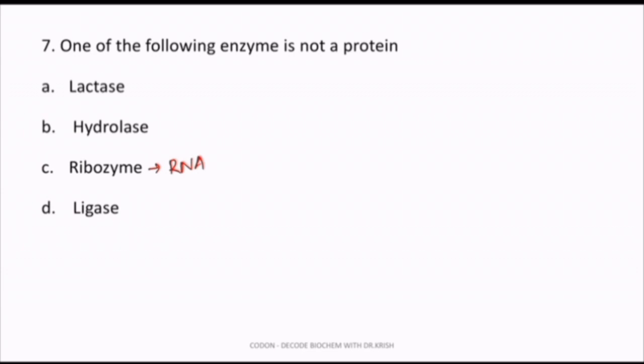And examples of ribozymes are 28S RNA, which is nothing but peptidyl transferase in translation, and snRNA, which is seen in RNA splicing, and ribonuclease P. Ribonuclease P, which is seen in post-transcriptional modification of rRNA. So these are the examples of ribozymes.